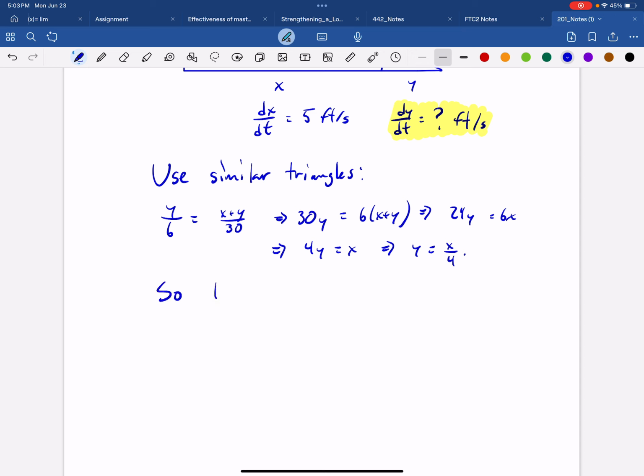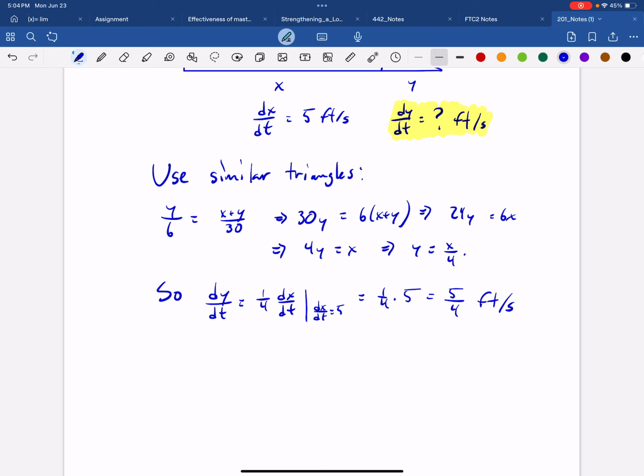So then it follows that dy over dt is going to equal 1/4 dx over dt, which we know, plugging in 5 feet per second for dx over dt, is going to give us 1/4 times 5, or 5/4 feet per second.